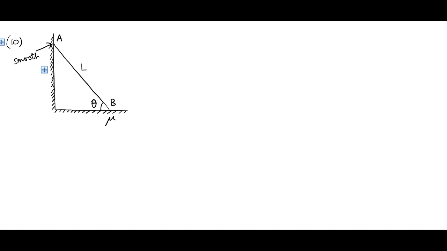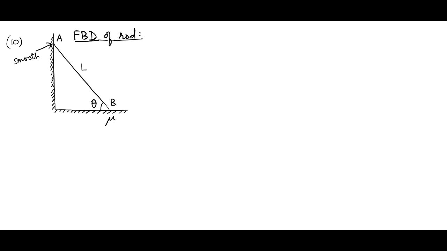So to do this, we draw the FBD of the ladder under these limiting equilibrium conditions. I've been calling it a ladder. It's actually given to be a rod, so I'll just call it a rod henceforth. We need the FBD of the rod in these limiting equilibrium conditions.